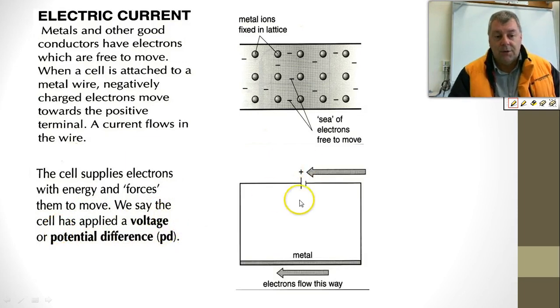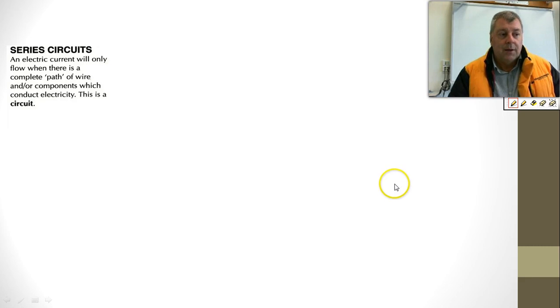That's the representation of a battery in a circuit. The long end is the positive end and the short end is the negative end. That's just the convention. Here we have a conductor, and electrons flow from the negative end through to the positive end. That's the direction that the electrons flow.